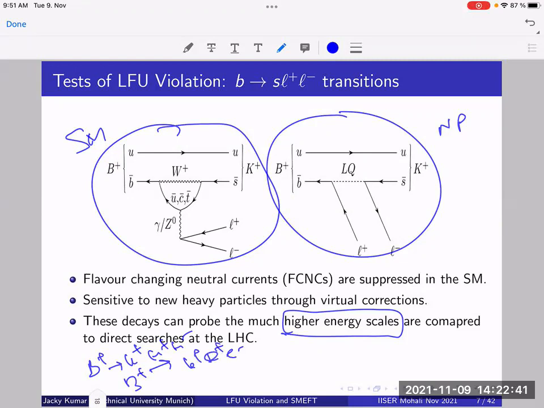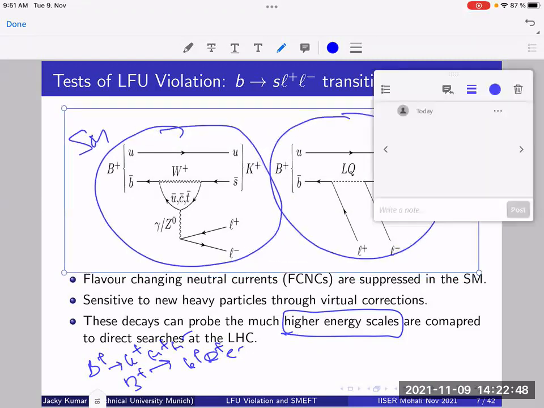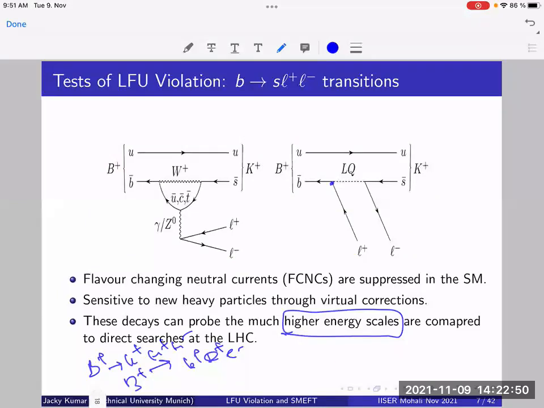The second diagram is a new physics diagram, and so if this vertex is different for b mu and b e, then this branching ratio will be different for e and mu.